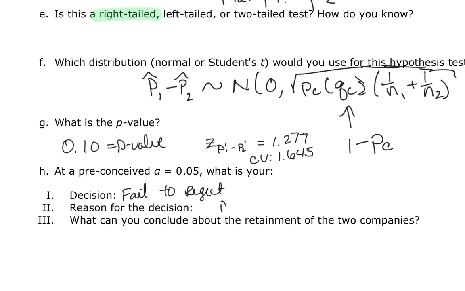And that's because my p-value is 0.1, which is greater than my alpha, which is 0.05. And so I would write something along the lines that there's not sufficient evidence to support the claim that OS2 is more stable than OS1. And that's it for this video. Nice little short one too.